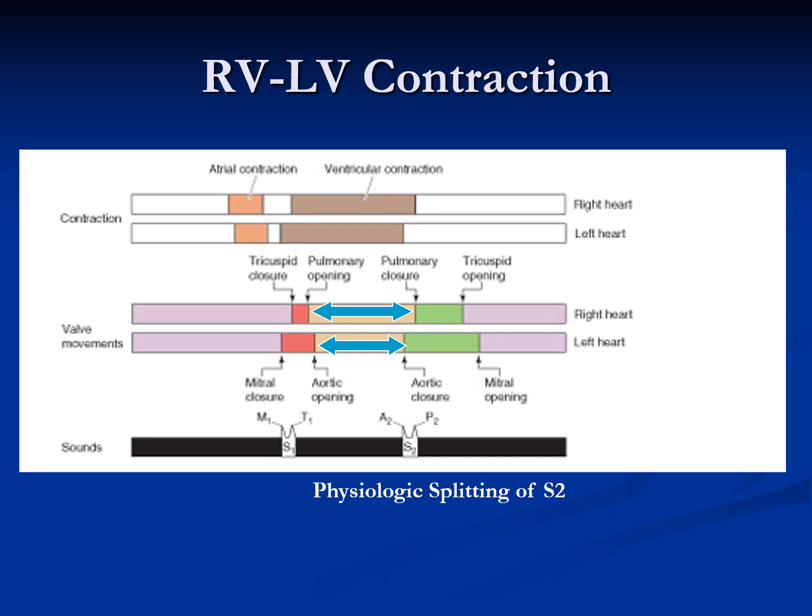And I'm going to give you a second example, of a pathologic splitting of S2 this time. Babies born with a hole between their atria. The atrial septum has a hole in it called ASD, atrial septal defect. In these babies, there is always a shunting of more volume of blood from the left atrium to the right atrium, and therefore to the right ventricle, meaning at all times, whether you're in inspiration or expiration, the right ventricle is getting more blood than in normal babies, and therefore has to deal with more blood.